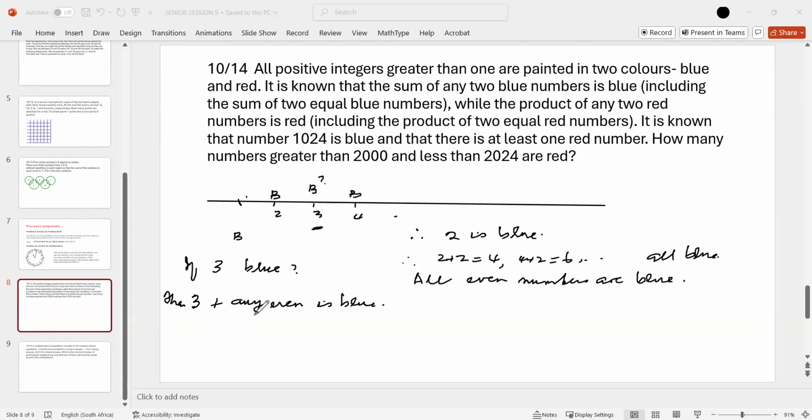Because you can add 3 plus 2 to get 5. You take any odd number, say 2019. This is 3 plus 2016. If you take away 3 from an odd number, you're going to get an even number, and that's blue. So 3 plus any even number is blue, so this is blue as well. So all numbers are blue.